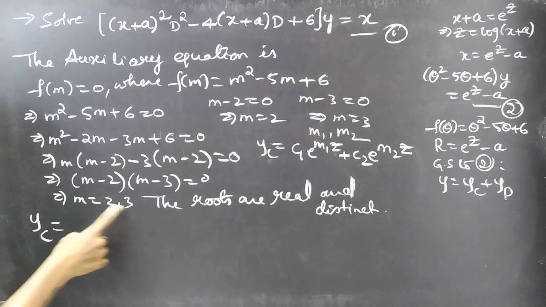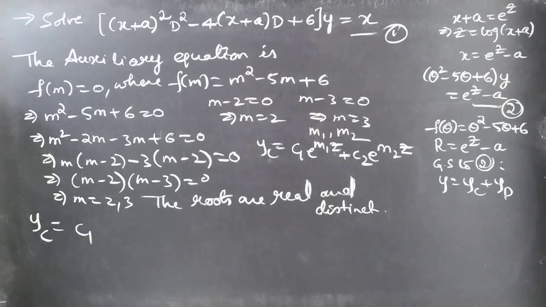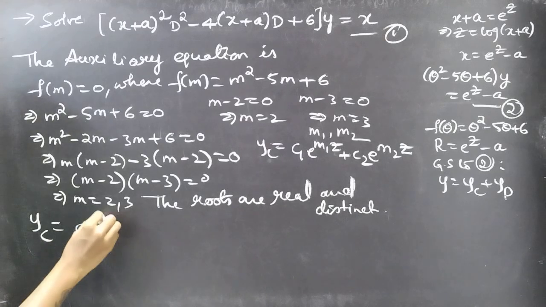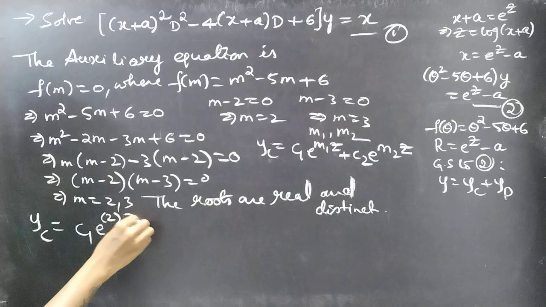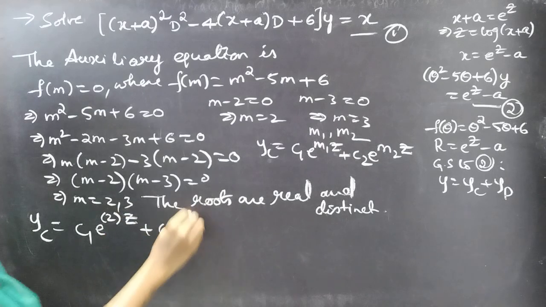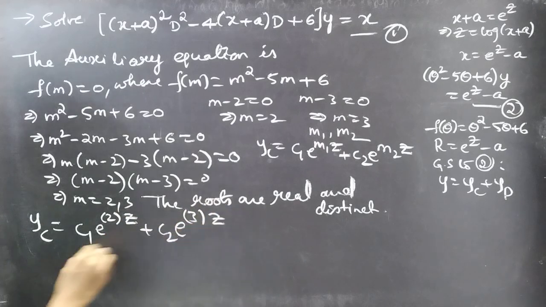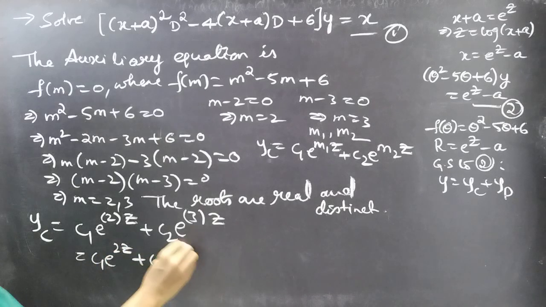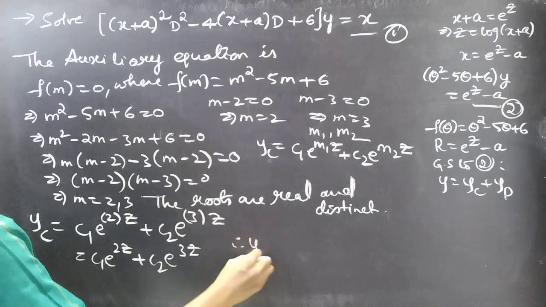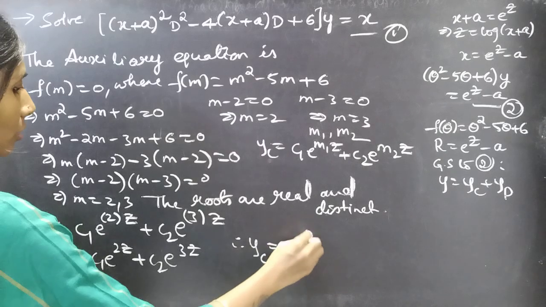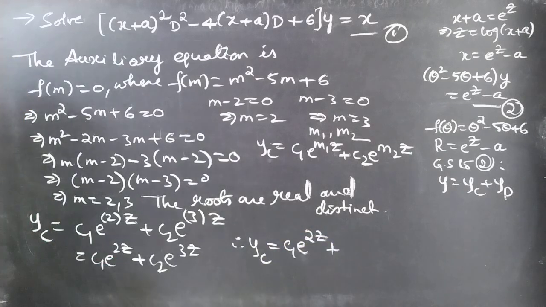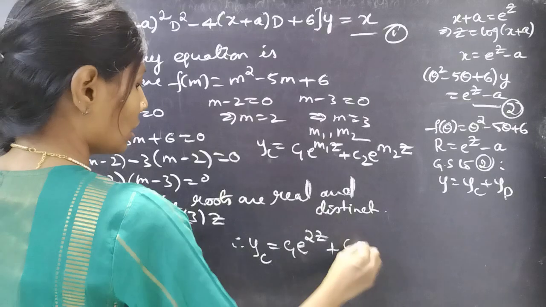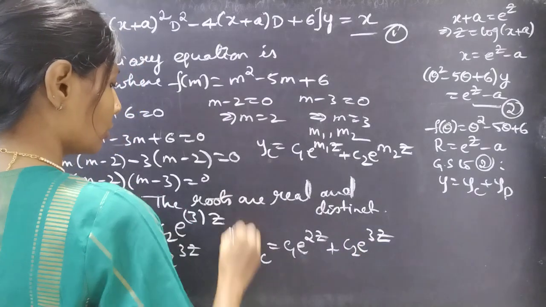Now coming to our complementary function. So here the roots are 2 and 3. Let's write our complementary function. One constant into e power one root, say 2 into z, plus another constant into e power another root into z, which gives us c1 e power 2z plus c2 e power 3z. Therefore, yc equal to c1 e power 2z plus c2 e power 3z.